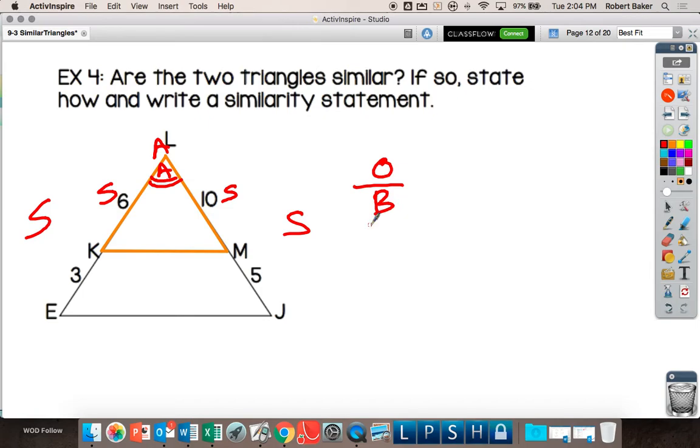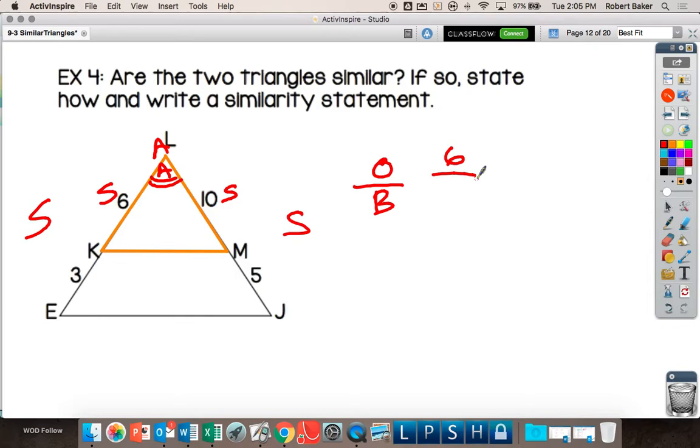How long is the left side of the orange triangle? 6. Be careful. How long is the entire side of the black triangle?